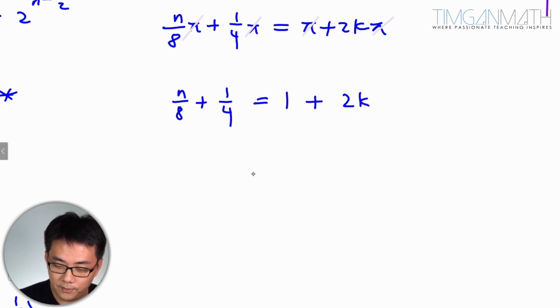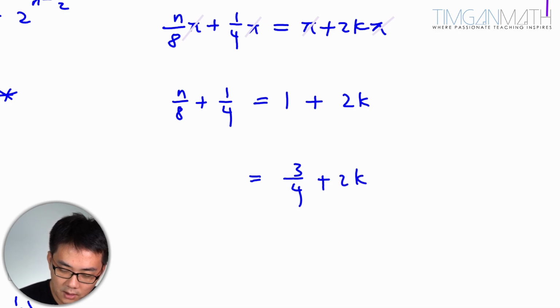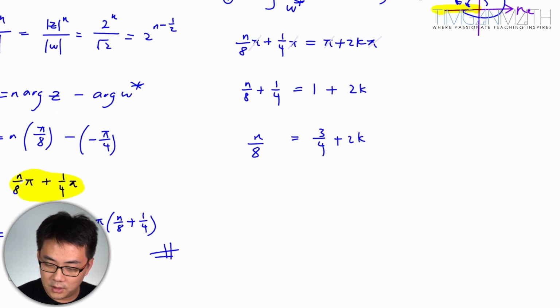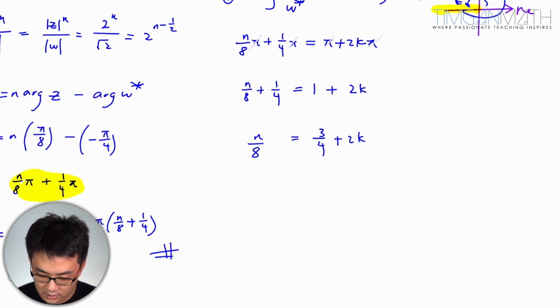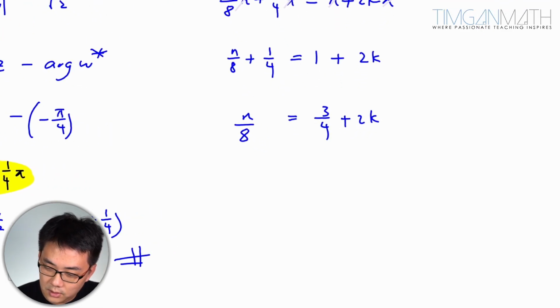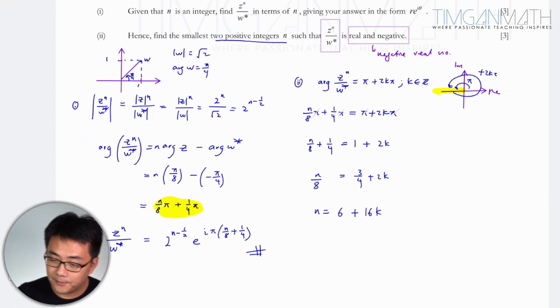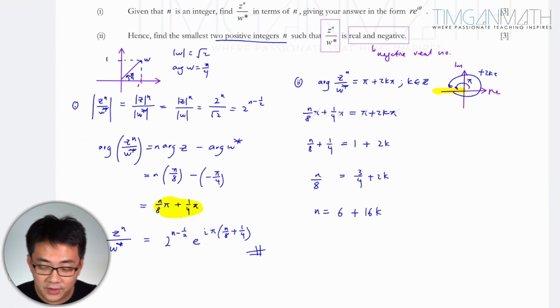So I'm not going to tell you what to do. So this is 3/4 plus 2k. So n is equal to 8 times that. Just make n the subject. I think this one is Secondary 1 stuff. So n is equal to 6 plus 16k.